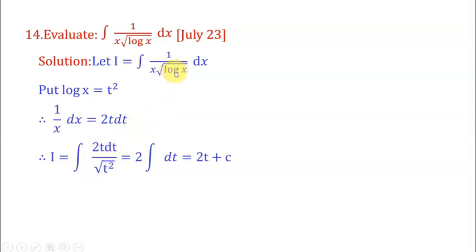That is, log of x is t square, therefore its root is t. Then t will get cancelled. You will get 2 integral dt, that is 1 dt. The integral of 1 is t. Therefore you will get the answer 2t plus c. Then substitute the value of t here. What is the value of t? Root of log x. Therefore I is equal to 2 root of log x plus c, and this is the answer.